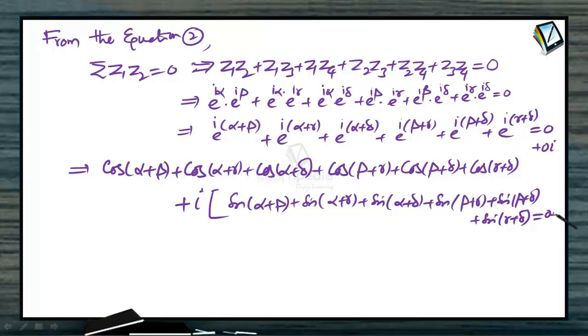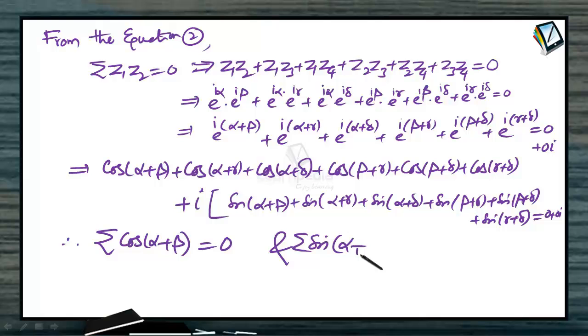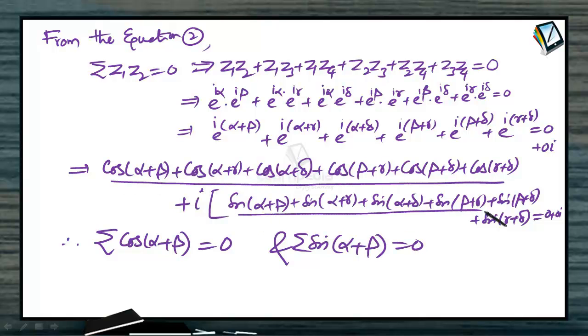This is equal to 0 plus 0. Finally, what we can conclude is sigma of cos of alpha plus beta is 0 and sigma of sine of alpha plus beta is 0, as this summation becomes 0 and this summation becomes 0.